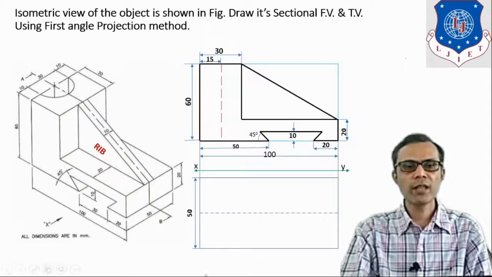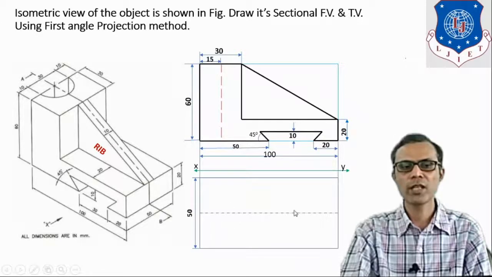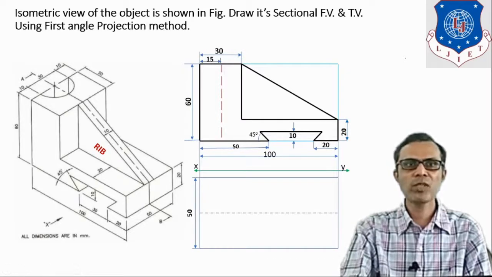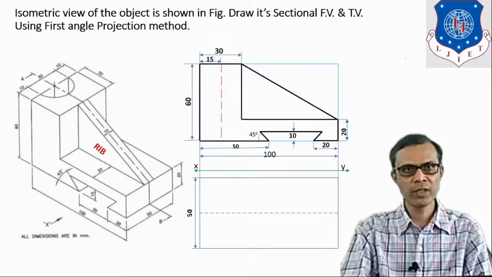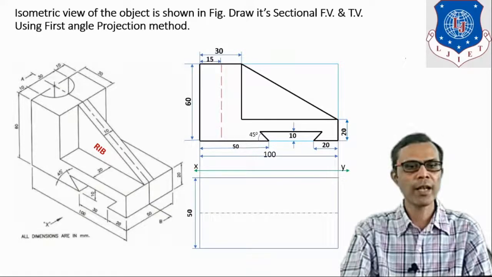So draw the center line. We know the format for the center line: long dash, short dash, long dash, short dash. For a symmetrical object, it becomes easy to draw the views with reference to the center line.